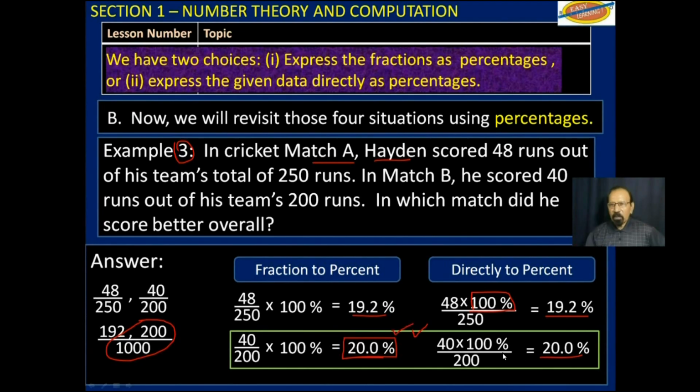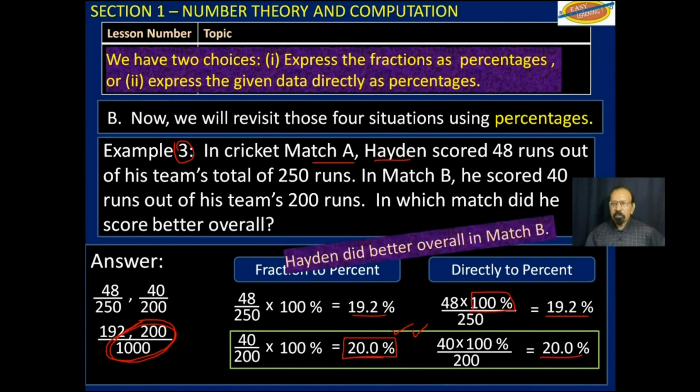So this one here, we can see, doesn't matter how you calculate the percentage, or if you use the fraction. But the key is you need to know how to do this both ways. They may not actually ask you to do it both ways, but you need to know how to do it both ways. And so Hayden did better overall in match B.